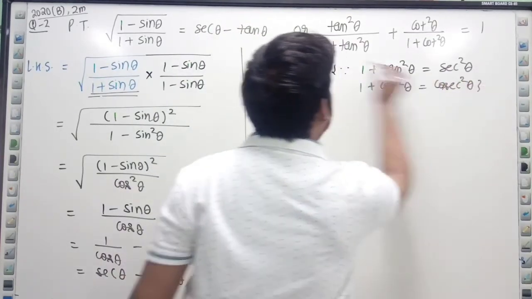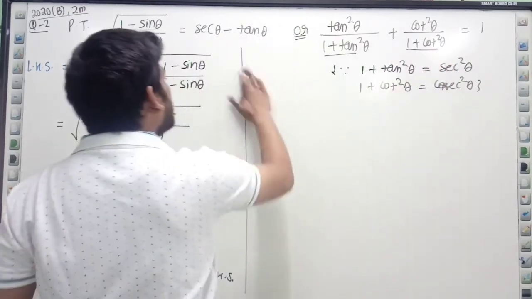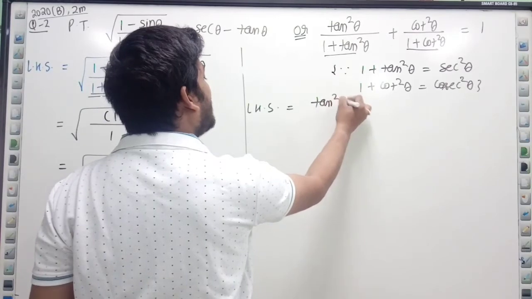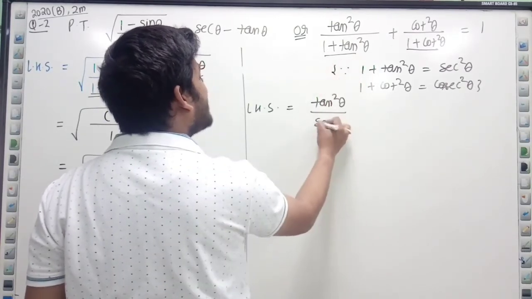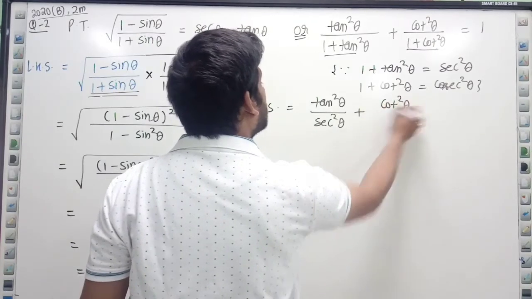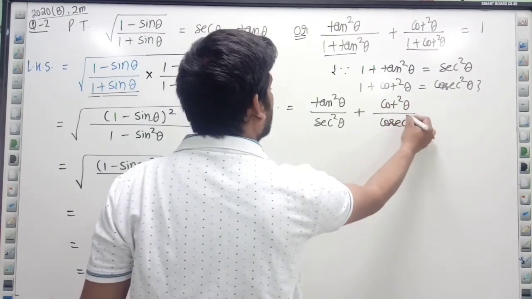Two identities I have here. So when writing the LHS side, I will write tan square theta upon 1 plus tan square, which is sec square, plus cot square theta upon 1 plus cot square, which is cosec square.